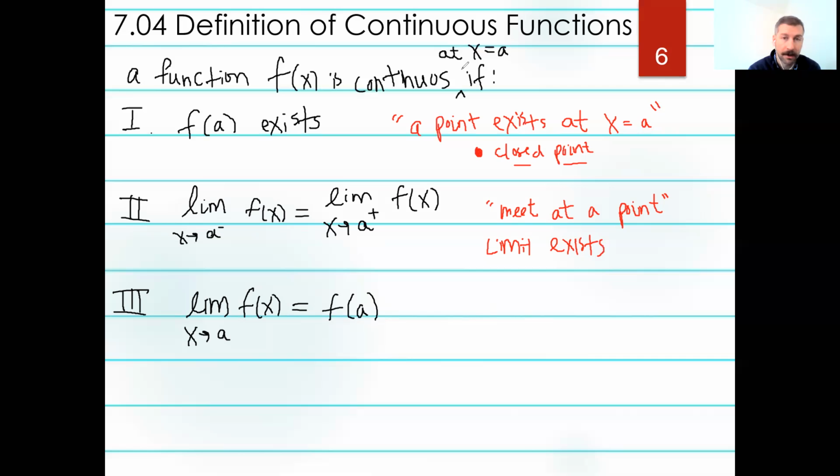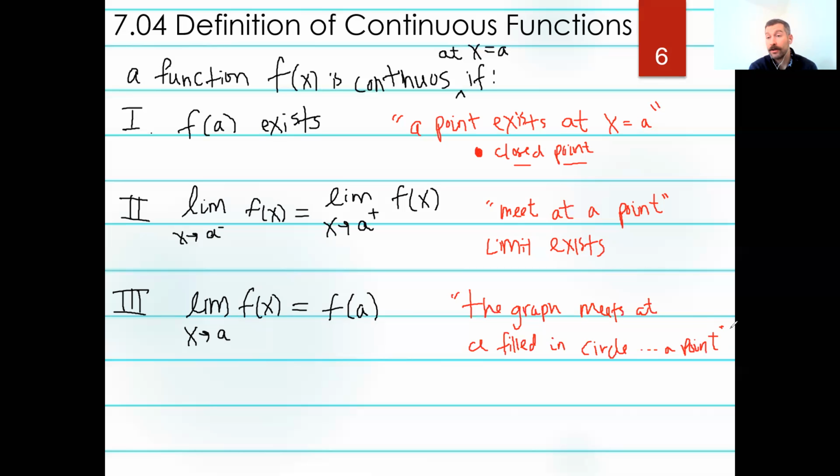There must be a filled-in circle there. So essentially, the graph meets at a filled in circle, a point.